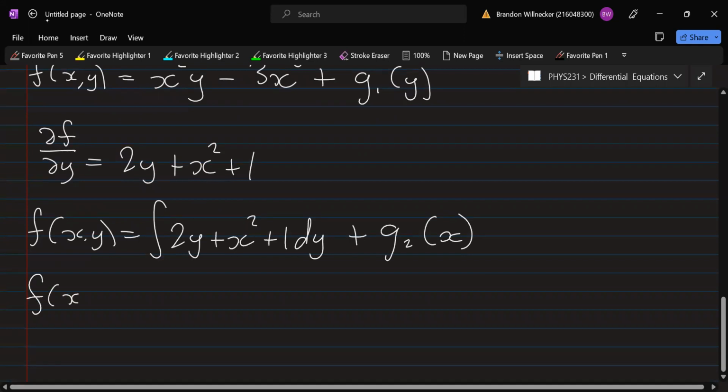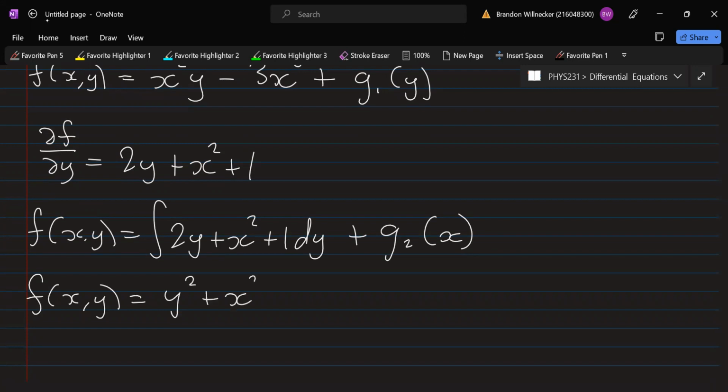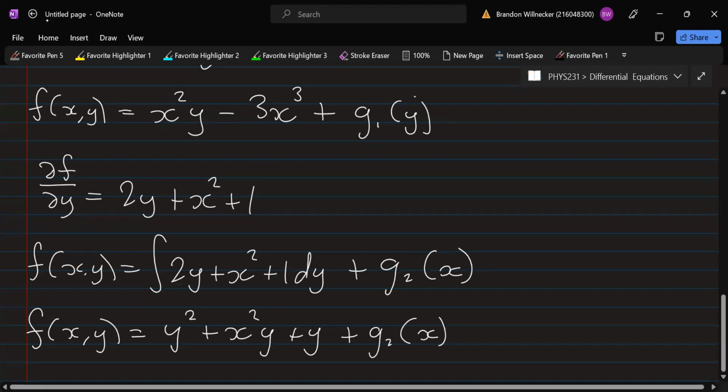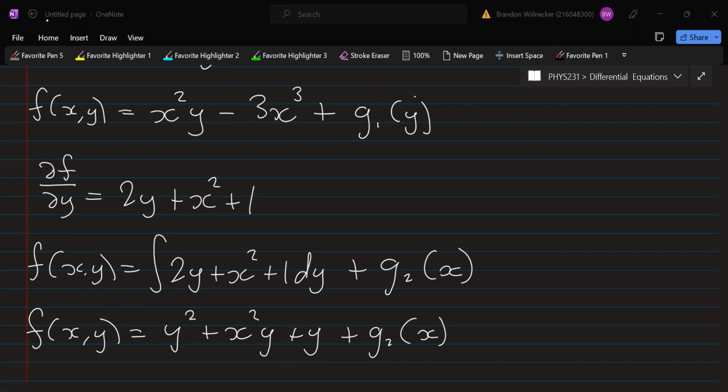Okay, so f of xy is going to be equal to y squared plus x squared y plus y plus some function of x. Now note that we have two different expressions, but it's the same function. The first one we found was x squared y minus 3x cubed plus some function of y.